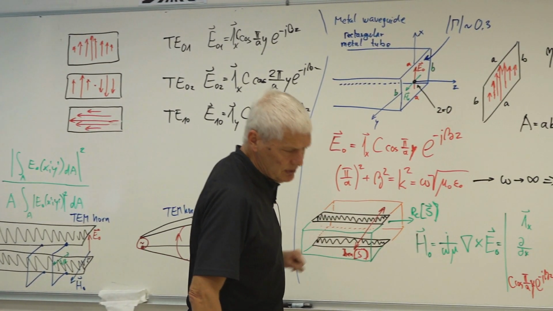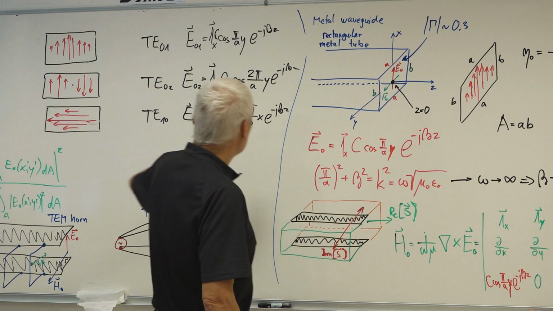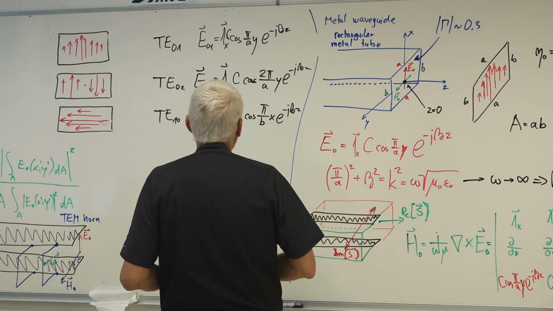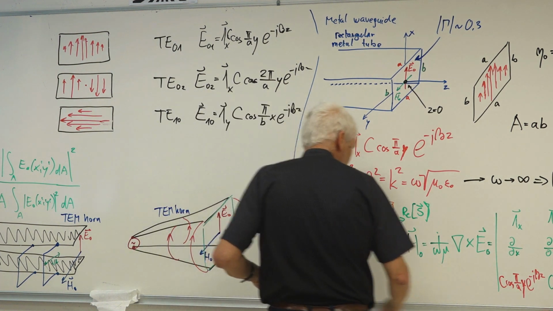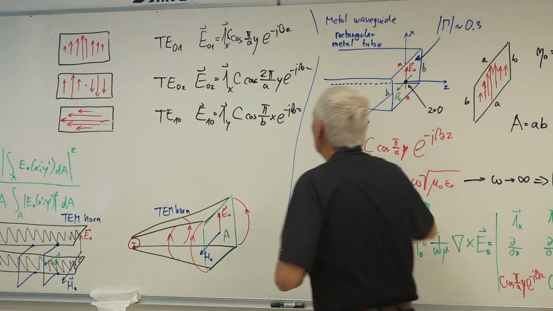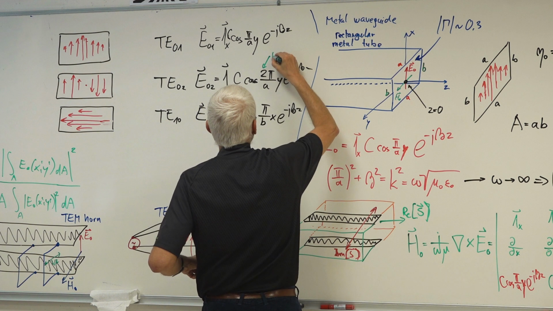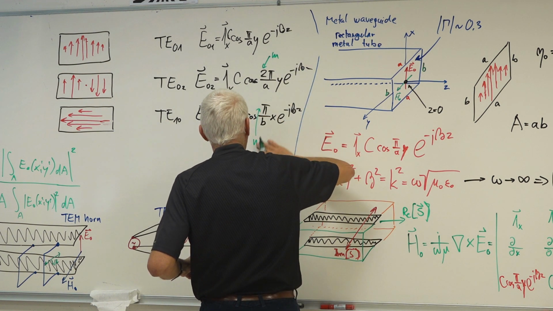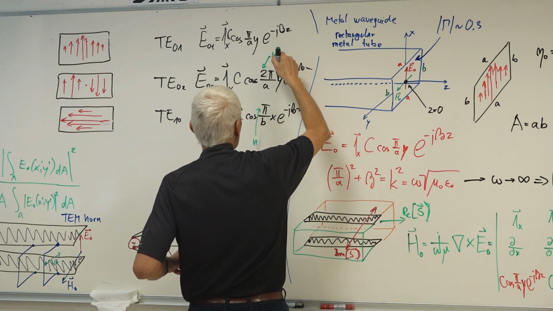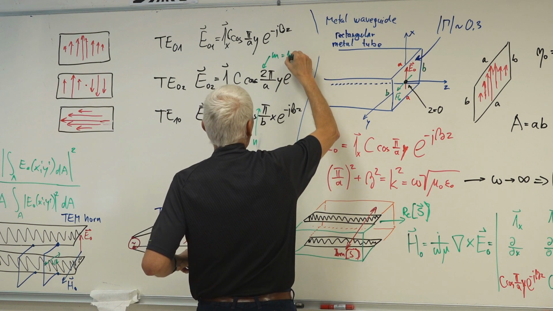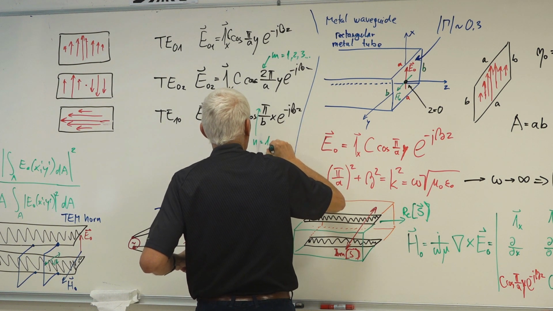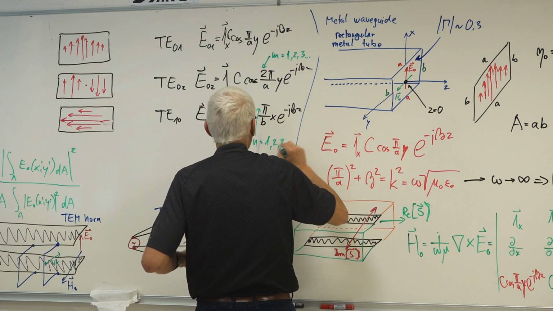So I have other possible solutions besides this one. This was a very simple explanation of the waveguide. I have other solutions, and there are many of them. In place of these 2, I could just write an integer m, and here also an integer n. For the modes, m is 1, 2, 3, and so on, integers, and n is also 1, 2, 3, and so on.